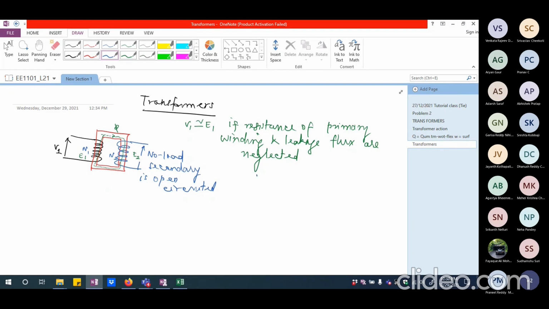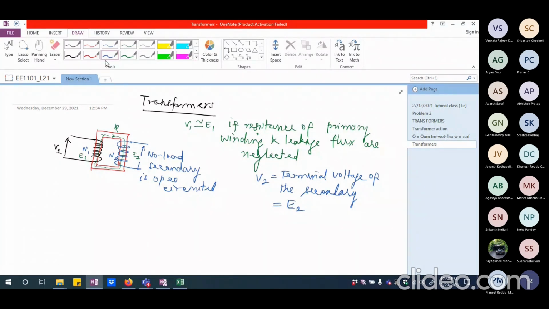So V2, the terminal voltage of the secondary, will be equal to E2. V2 and E2 are exactly going to be equal to each other, especially when you have no load connected across the secondary.